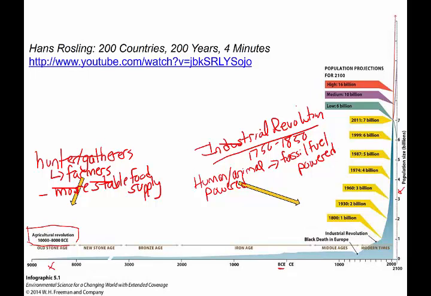So the Industrial Revolution was a really big time of change, because not only were humans able to do more productive-wise, but there was an increased amount of food. This led to an increase in medicine, so there were antibiotics and vaccines that were developed, and an increase in sanitation, so more clean water. And so you'll notice in this period of the Industrial Revolution here, there was a big jump in population. People were living a lot longer.